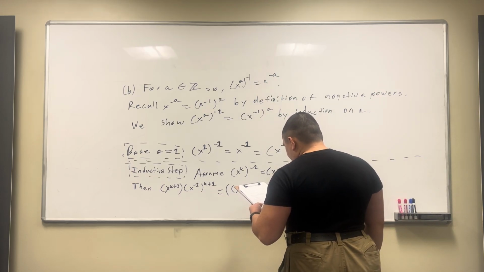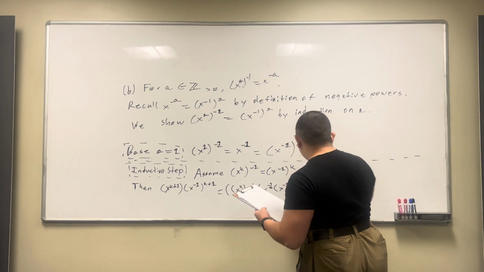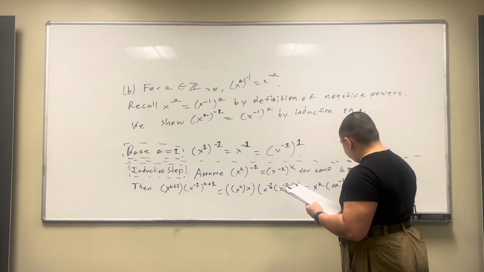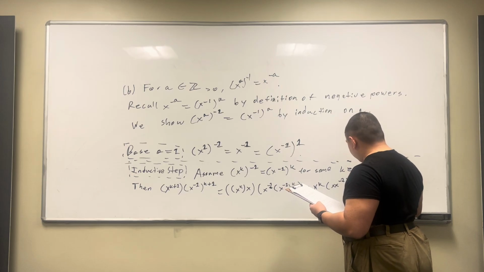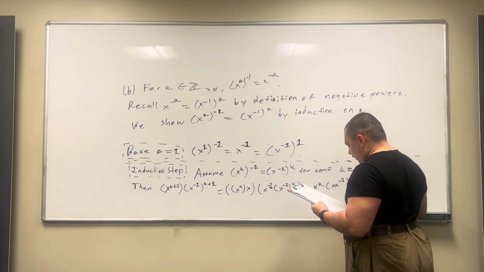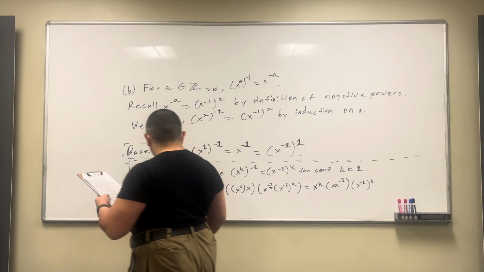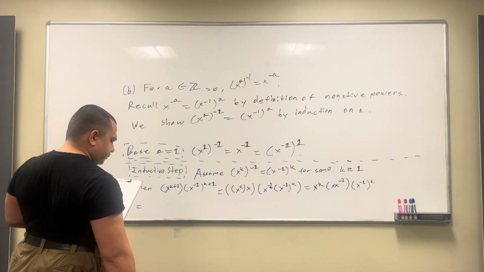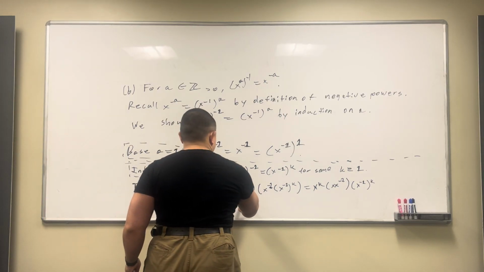But anyway, x^k, open parentheses, proving that it's more difficult. Now, x^k (x^(-1)) (x^(-1))^k... which is equal to, okay, am I missing a step? Let's check this.